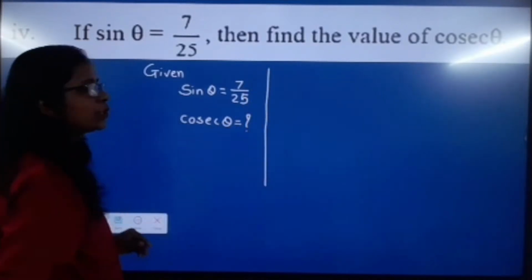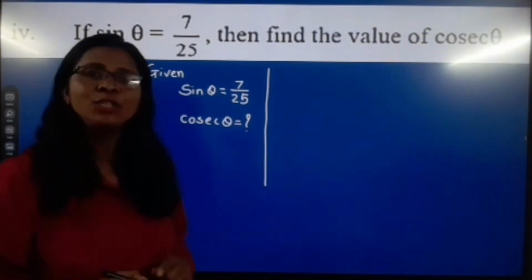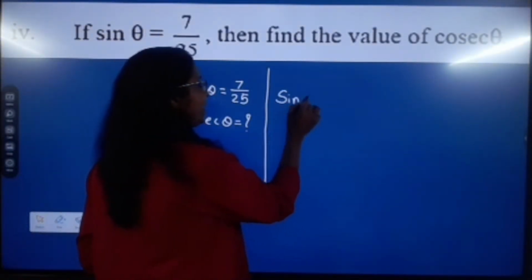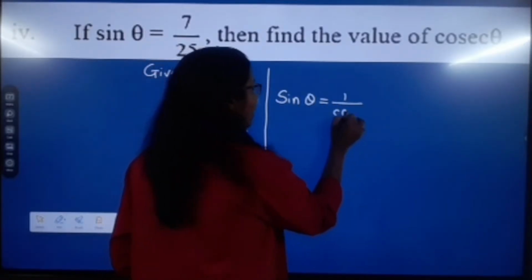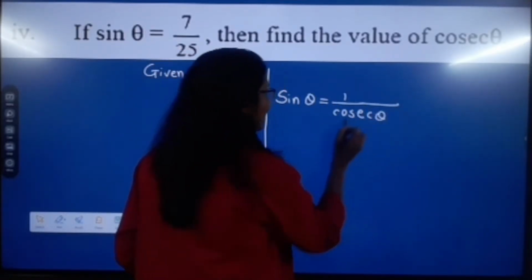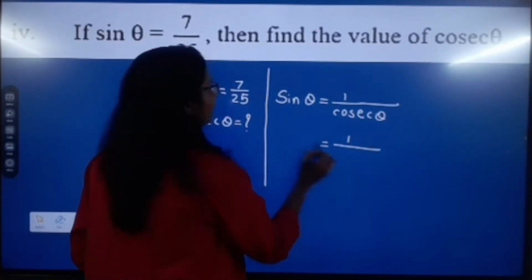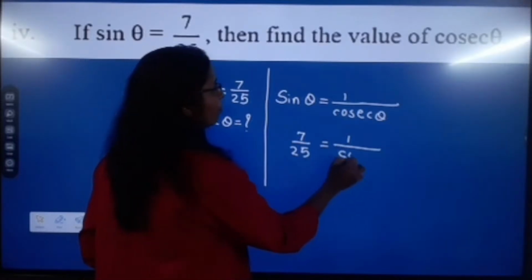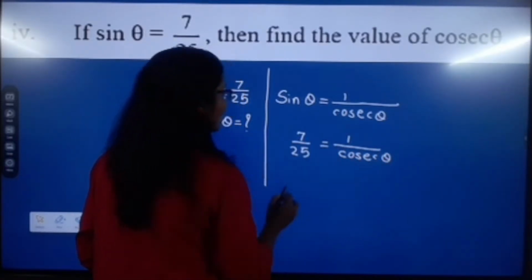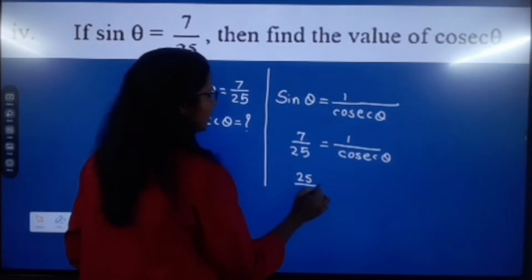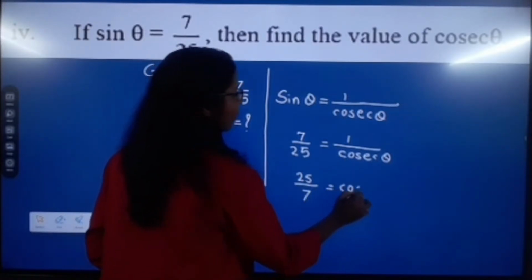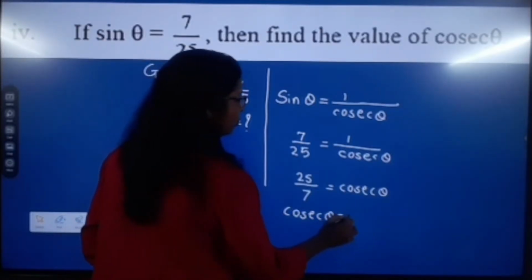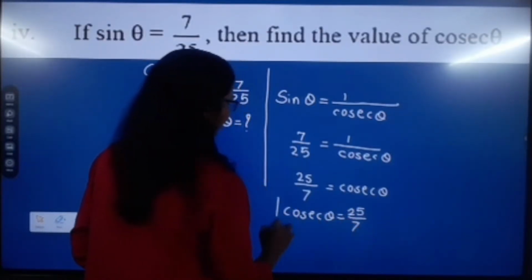The relation between sine theta and cosec theta is that they are reciprocal to each other, so sine theta is equal to 1 upon cosec theta. So 7 upon 25 is equal to 1 upon cosec theta, that means 25 upon 7 is equal to cosec theta. So cosec theta is equal to 25 upon 7.